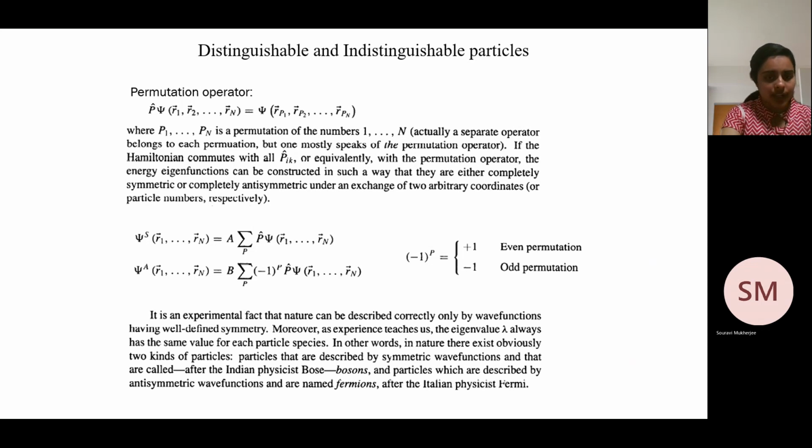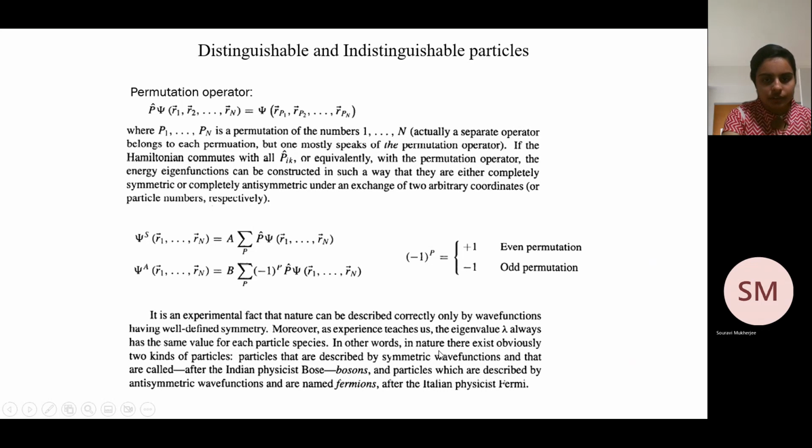It is an experimental fact that nature can be described correctly only by wave functions having well-defined symmetry. Well-defined meaning either it is symmetric or it is antisymmetric. You know for sure the nature of the wave function. Moreover, experience teaches us that the eigenvalue lambda always has the same value for each particle species.